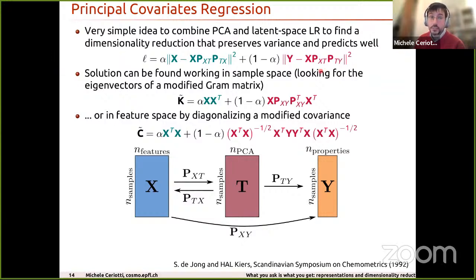So essentially, we are trying to find a latent space that simultaneously encodes as much of the variance that is present in the original featurization as possible, and simultaneously allows you to effectively regress your target properties.